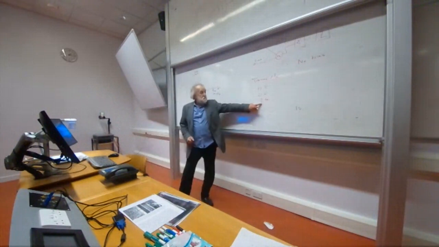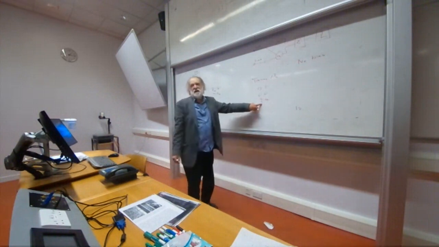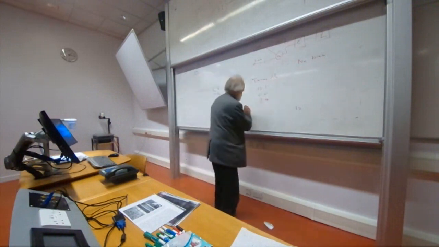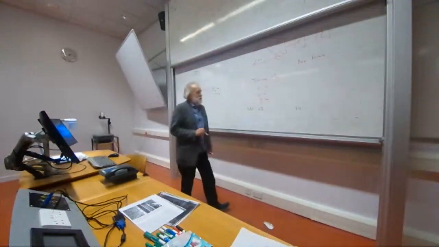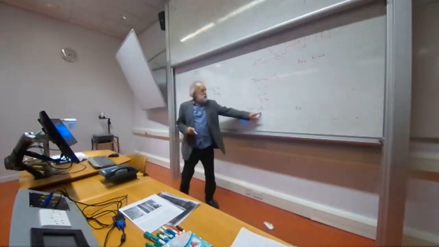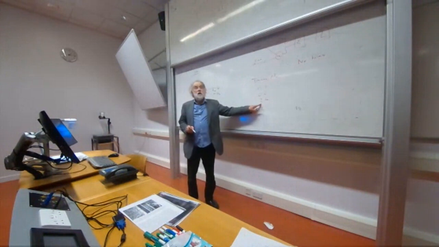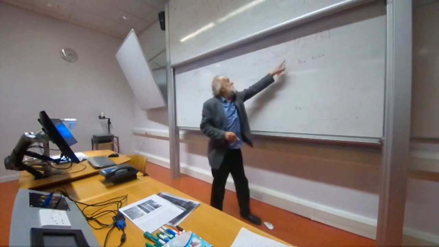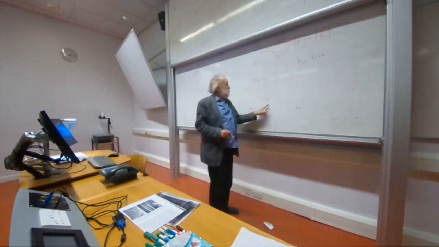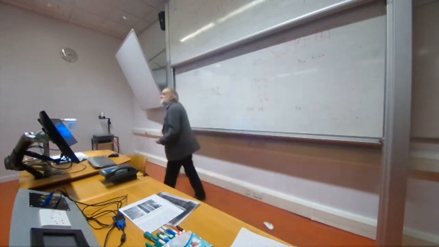Okay, give me a weight. 1. A bit more interesting than that. 2. Right, 2 times 2 is 4, plus W2 times 4 equals 0.